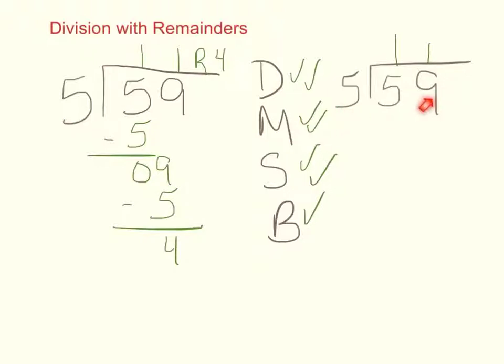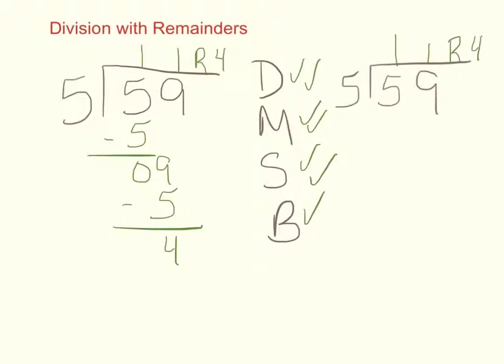What's our difference? Of course, we know it was 4. But I don't have any other numbers over here to slide it over with, like we did in our other short divisions. So that 4 that we have left over, instead of sliding it over because we have nowhere to slide it to, we simply write R4.